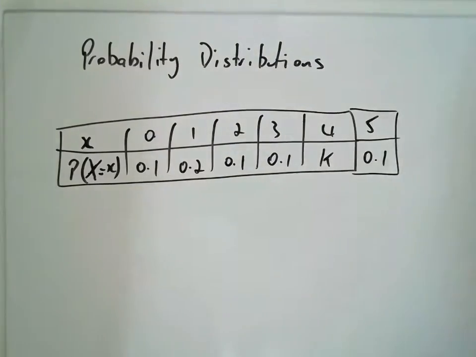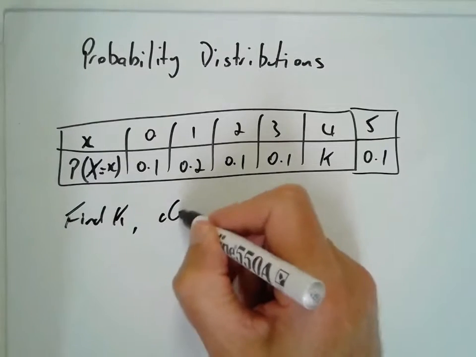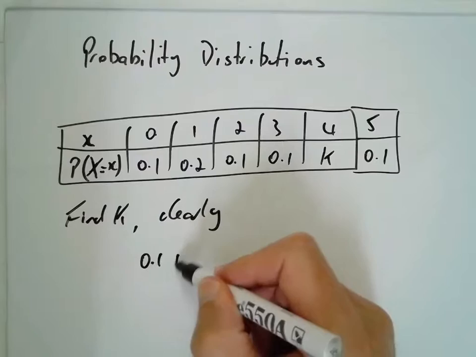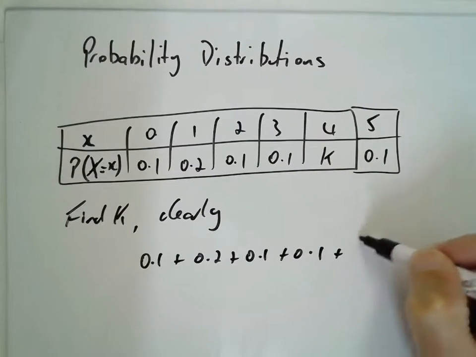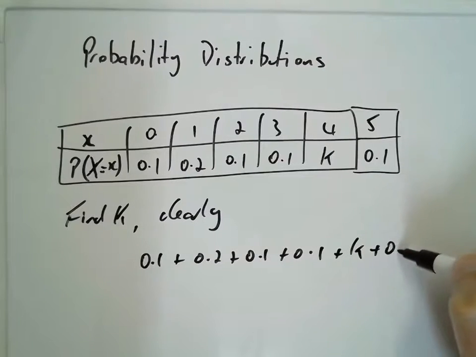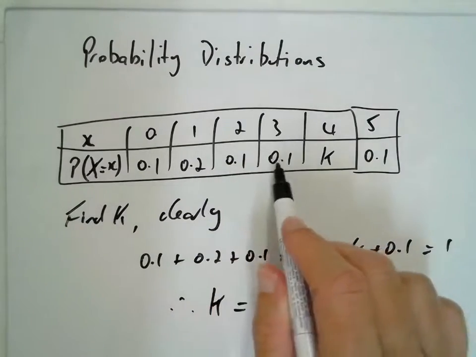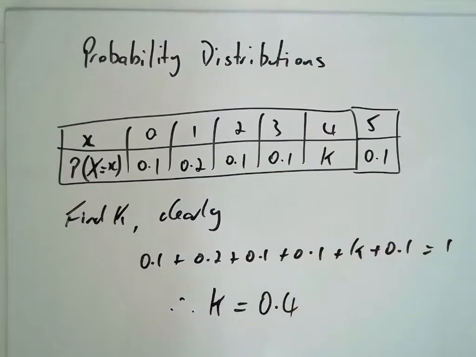So to find k, it's simple: 0.1 plus 0.2 plus 0.1 plus 0.1 is 0.6, therefore k equals 0.4. Straight up, nice and simple. Finding k, nice and easy.